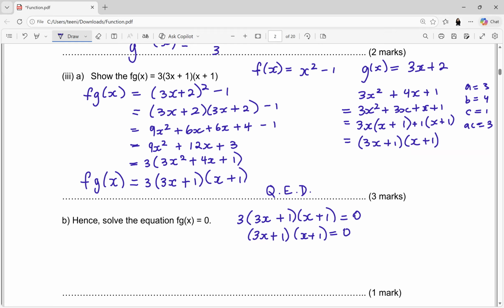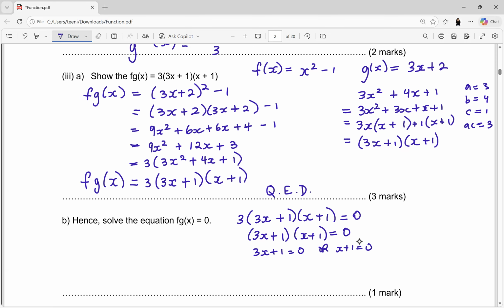So to solve a quadratic by factorization, you already have your factors. So you equate each of those factors to 0 and solve for x. So if you have 3x plus 1 by x plus 1 is equal to 0, then 3x plus 1 is equal to 0, or x plus 1 is equal to 0.